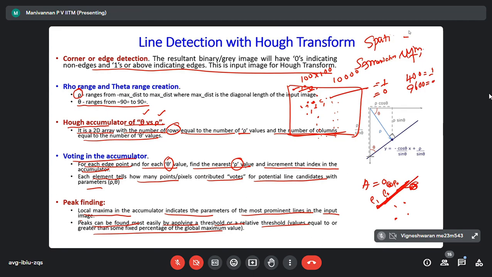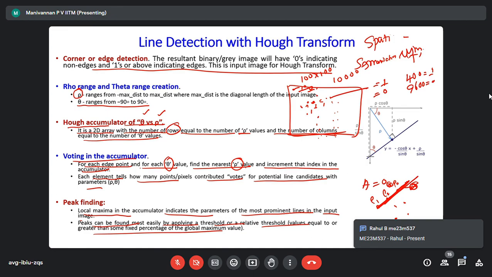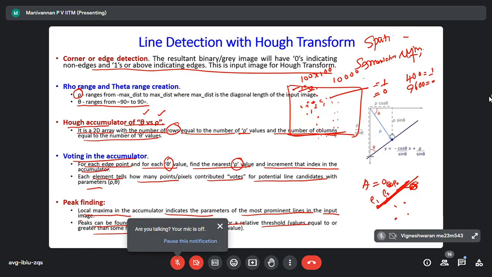But more pixels means more computation. You have to process each and every pixel: color to grayscale conversion, thresholding. We saw that if I have 10,000 points, each and every point will go through this algorithm.